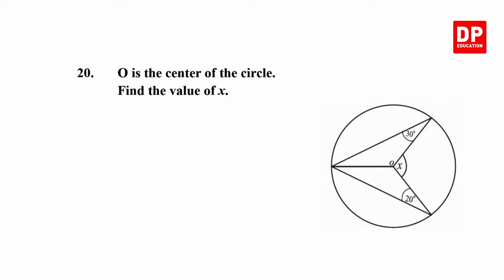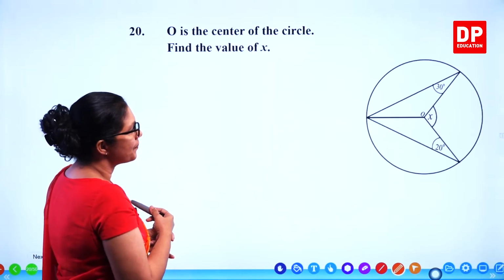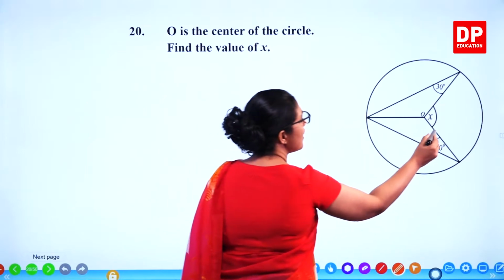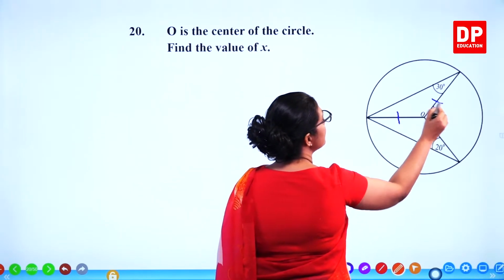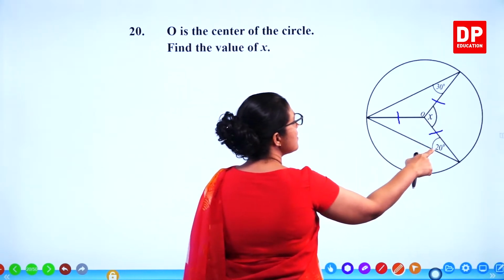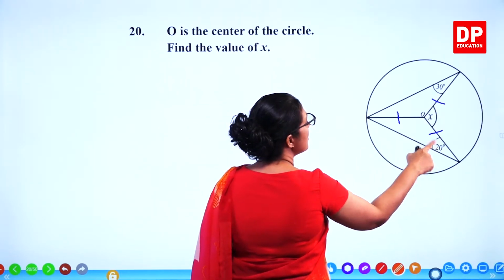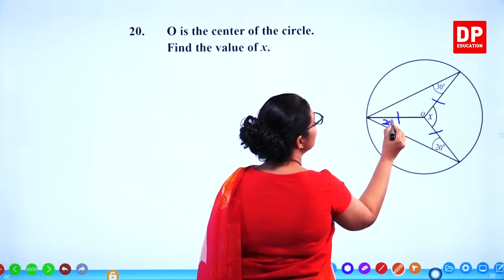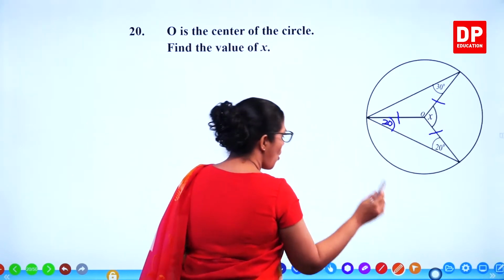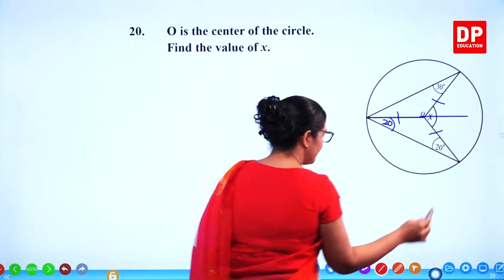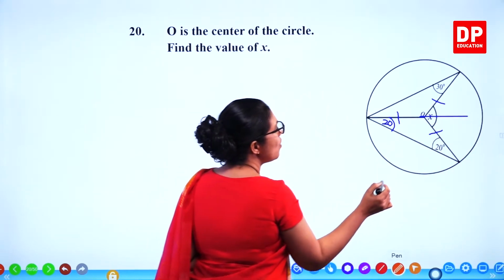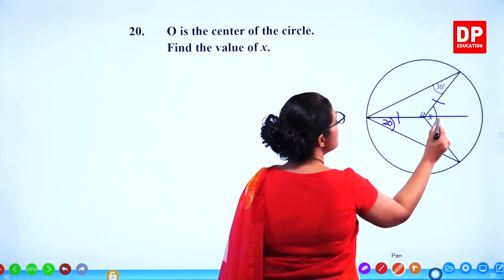Question number 20. O is the center of the circle. Find the value of x. Look carefully. This is equal. All these are radii. This is 20. This is 20. So if you draw a line here, you can easily find out this angle. 20 and 20.